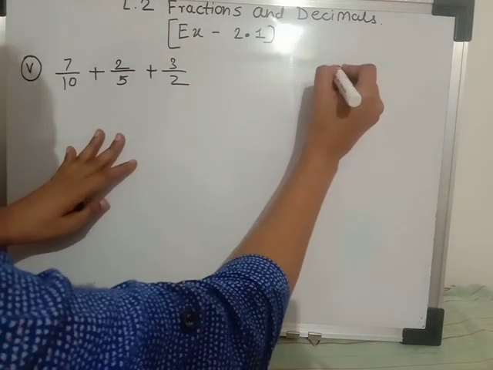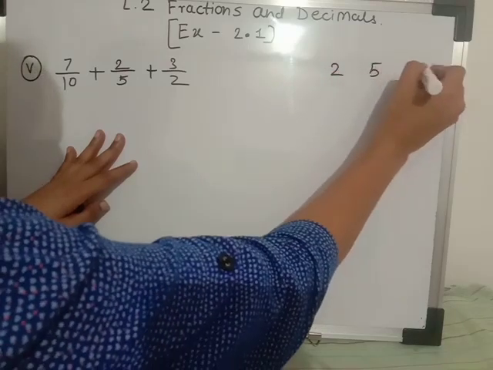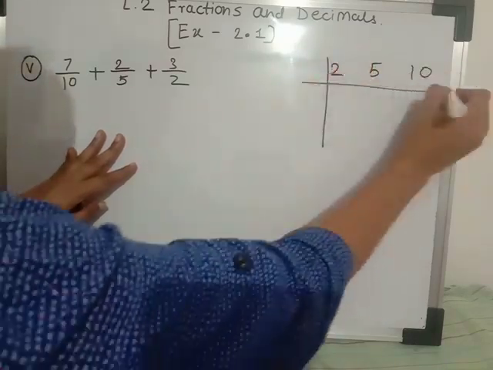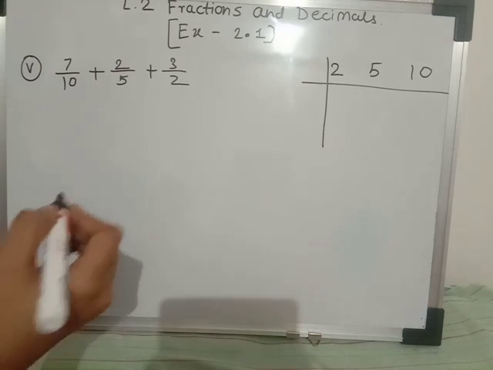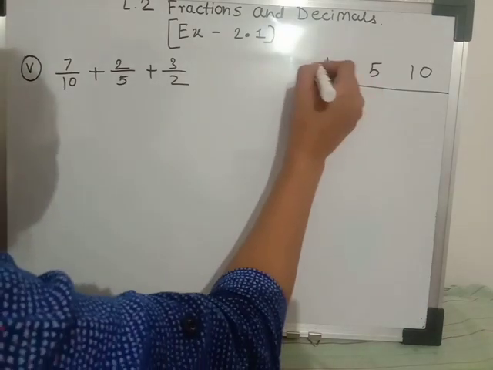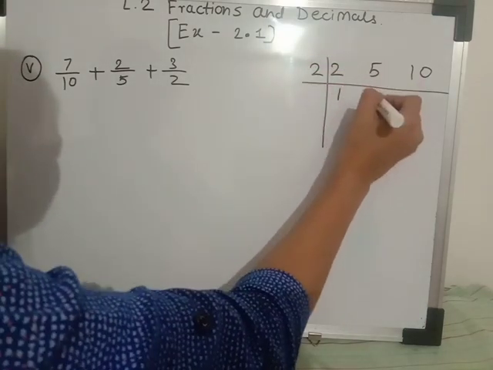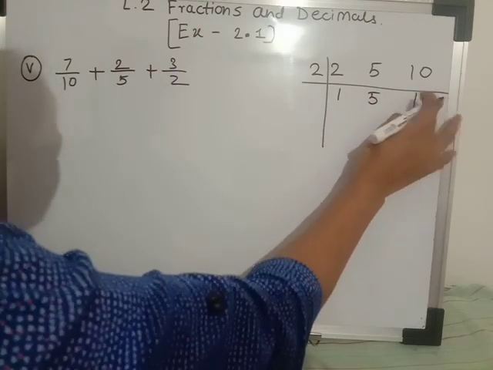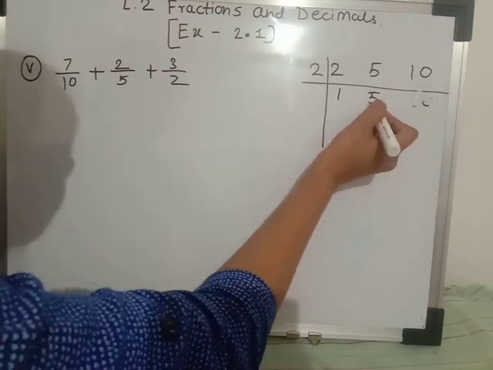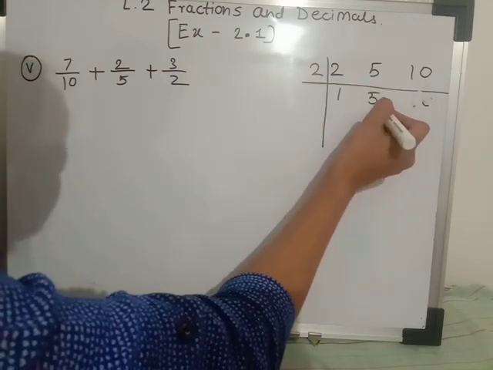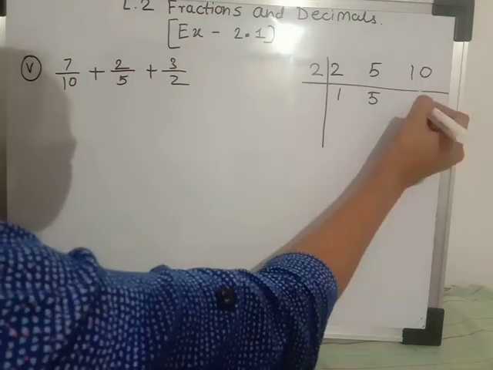So here I will take 2, 5 and 10. These are the 3 denominators. Let's find out their LCM. 2 ones are 2. We can't divide the 5 with the 2, so we keep 5 as it is, and 2 5s are 10.